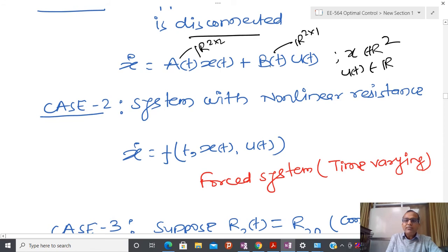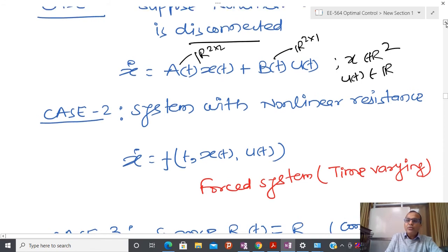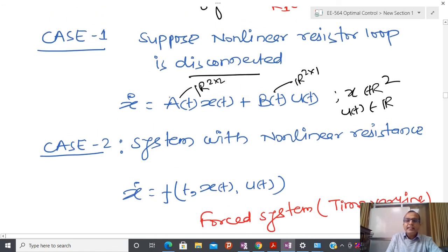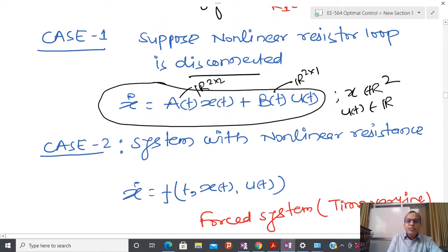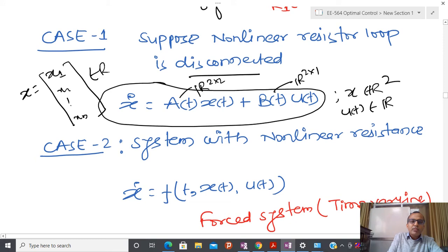And after that I can also do a generalization. If this system is represented like this, it might be possible that I have n number of states in some general system, that is x1, x2 up to xn, and each and every quantity is either a real number or a real valued function or something related to real.